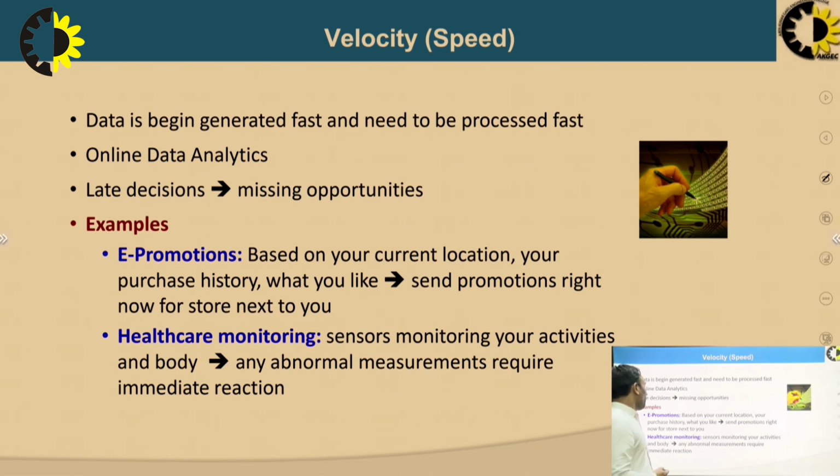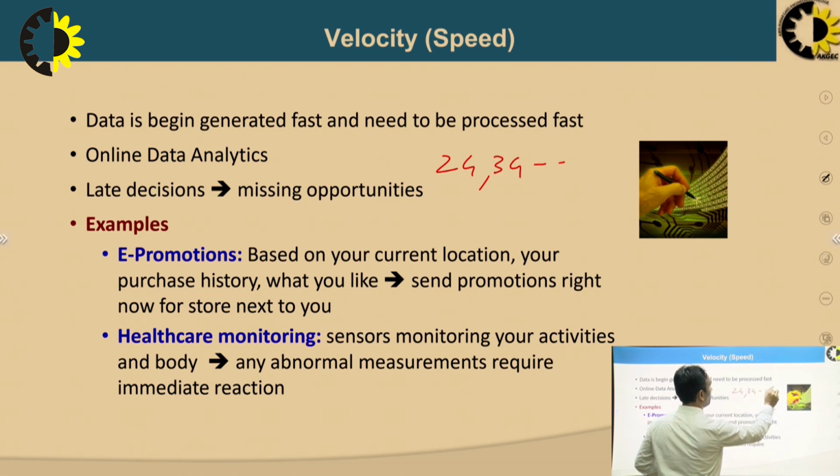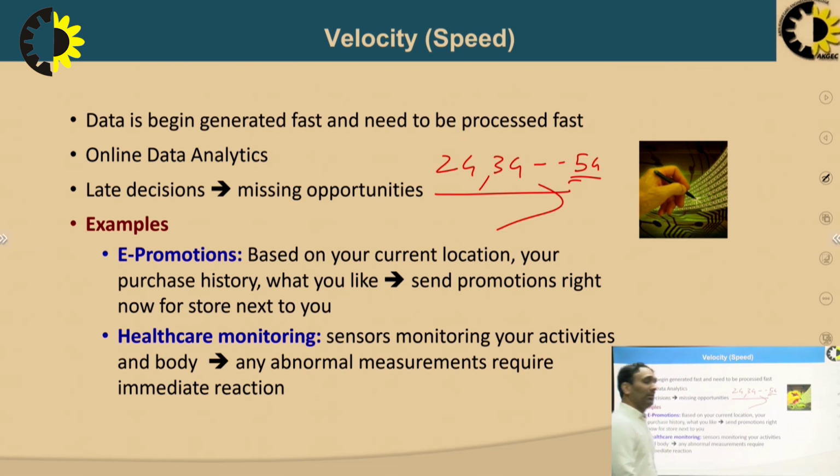Velocity, if we talk about the speed of data, as we know in the beginning, the speed of data, if we talk about 2G, 3G and so on up to 5G, the speed is enhanced in a very dramatic, very fast manner.